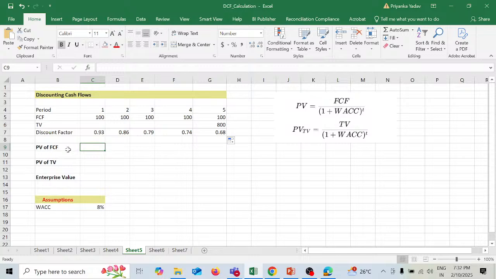Now we'll find the present value of this future cash flow, so simply multiply this discount factor with the future cash flows. That means this is equal to the future cash flow multiplied with the respective discount factor for that period. And the same goes for all the other periods also.